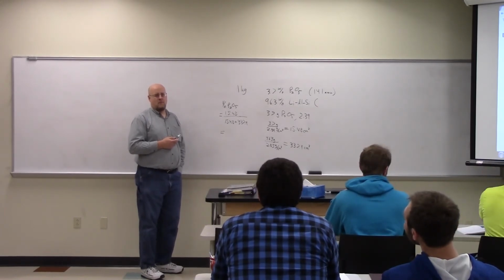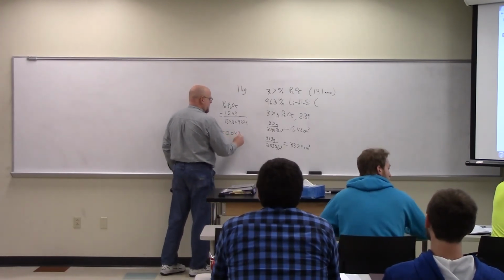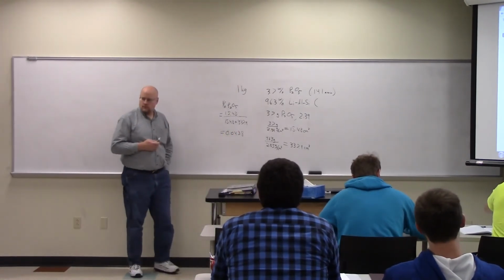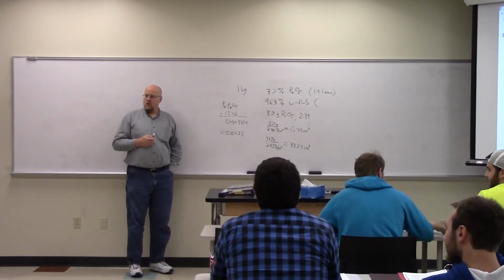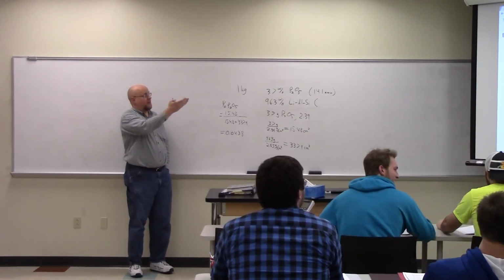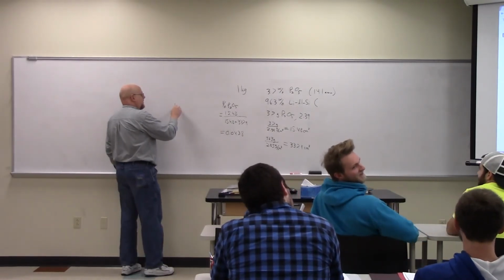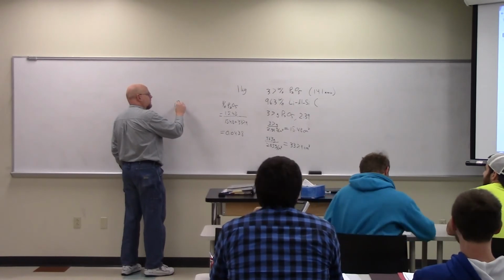Got 0.0438. Okay? So now that I know the volume percent, I can take my 1 cubic millimeter. And it said that there are 10 to the 12, is that right?